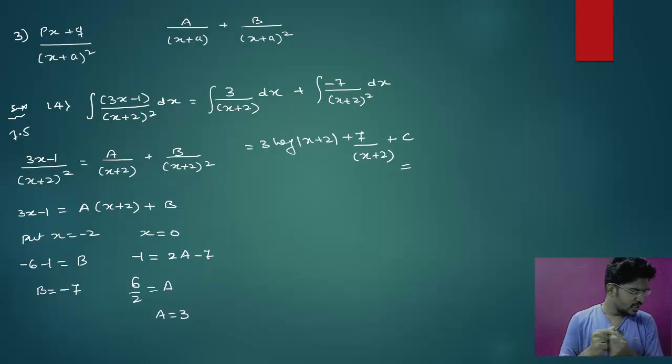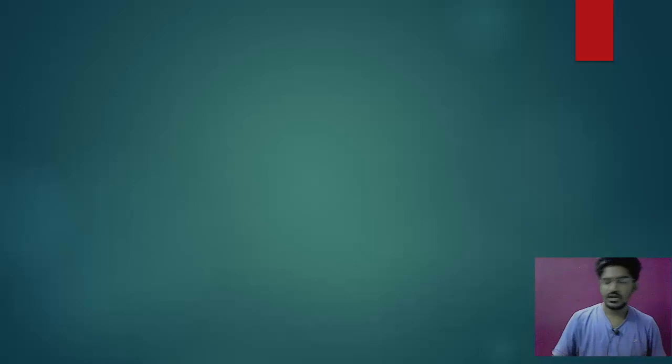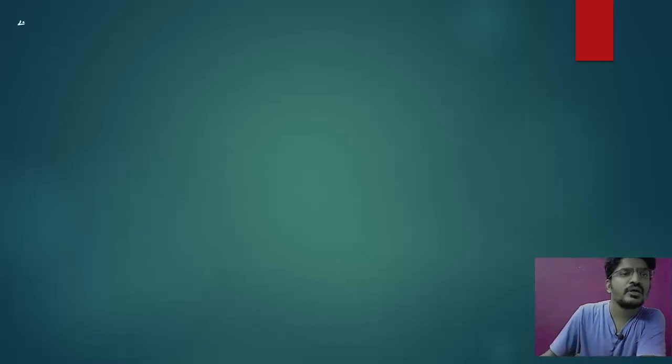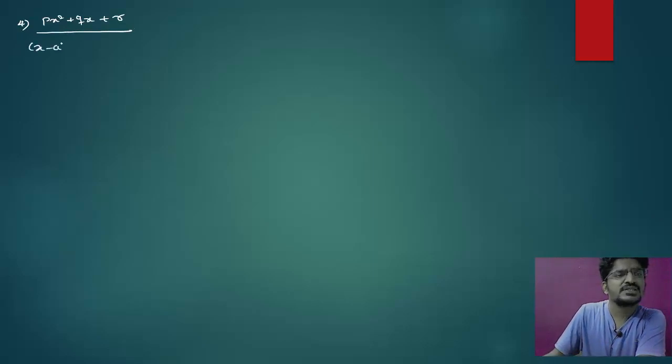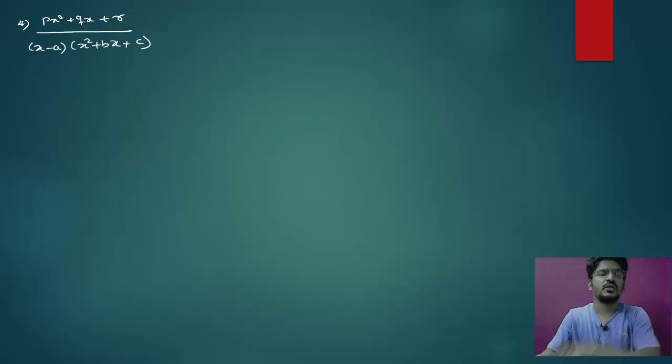Let us solve one more problem of that kind, so that you will get the complete idea of all the partial fractions. You see the fourth one, that is (px² + qx + r) divided by (x − a)(x² + bx + c).